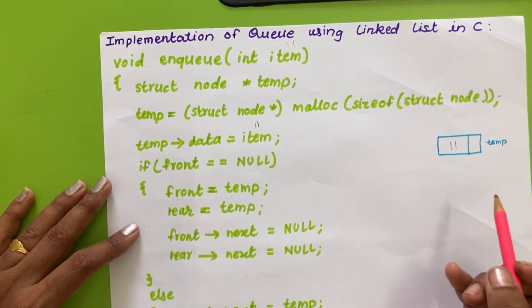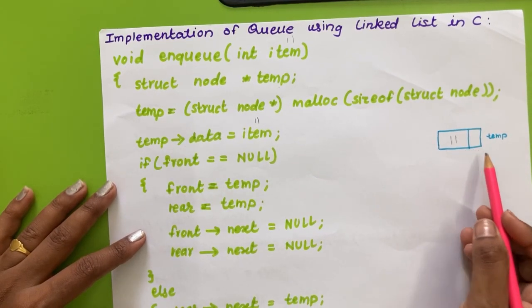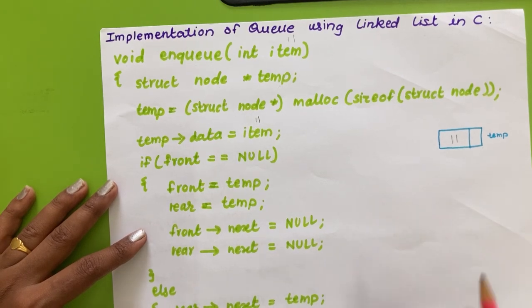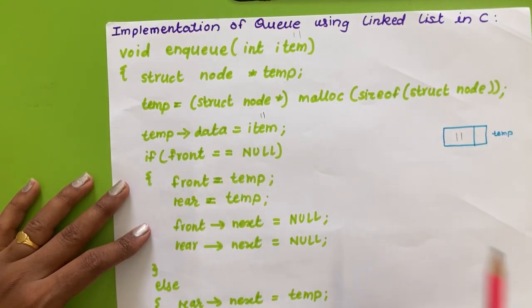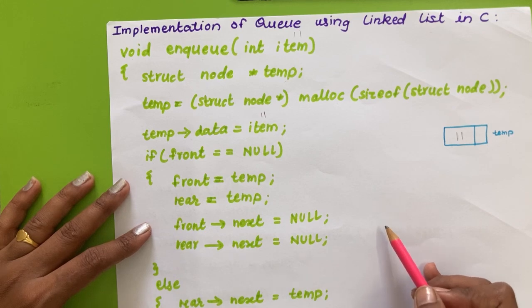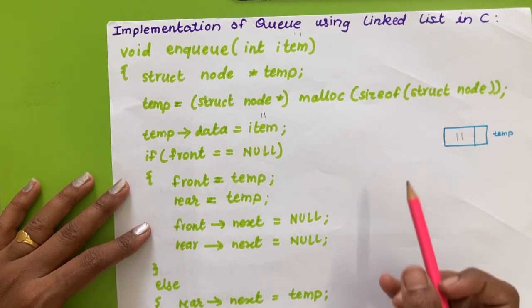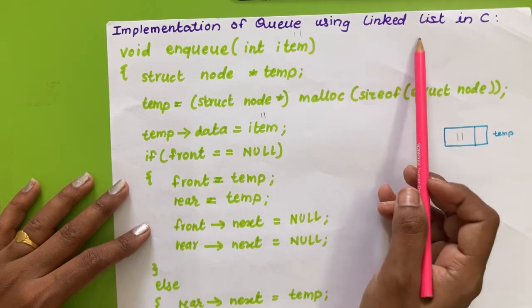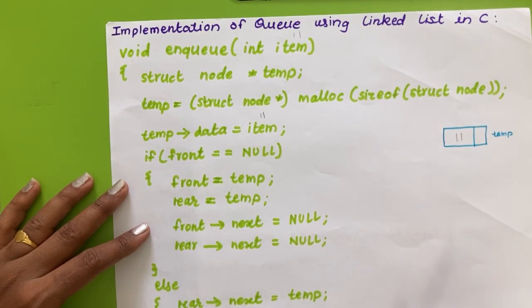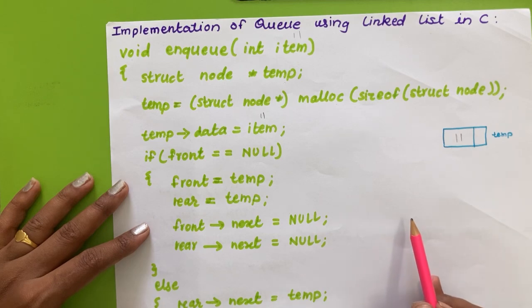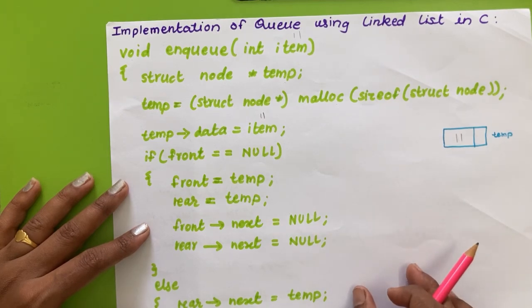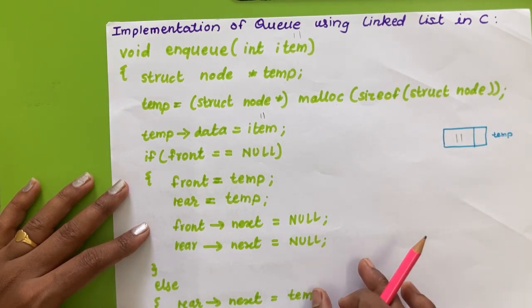Now we will check whether the inserting element is first element in the queue or not, because while implementing queue using linked list, first we have to check whether the inserting element is first element or not. Same is the case happened with the implementation of queue using array.